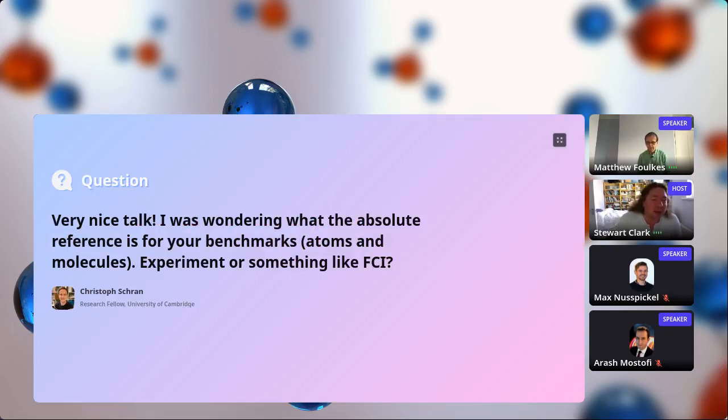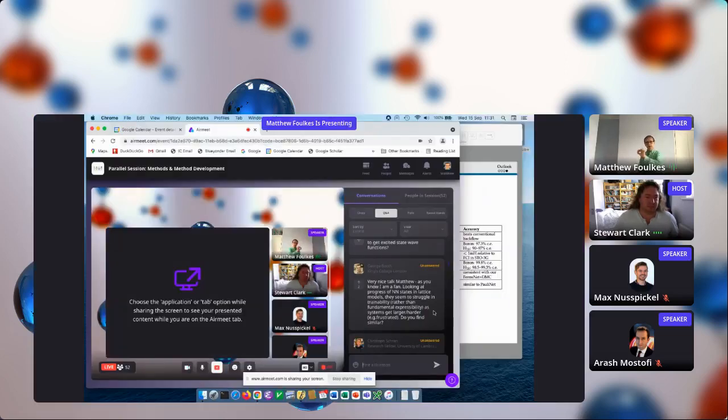Which is a very nice talk. I completely agree. I was wondering what the absolute reference is for your benchmarks: atoms, molecules, experiment, or something like FCI? The absolute reference, where we can, we use experiment, but you have to then take away vibrational effects and things. Most of our references for very small molecules were either experiment or some very accurate CI-like calculation.